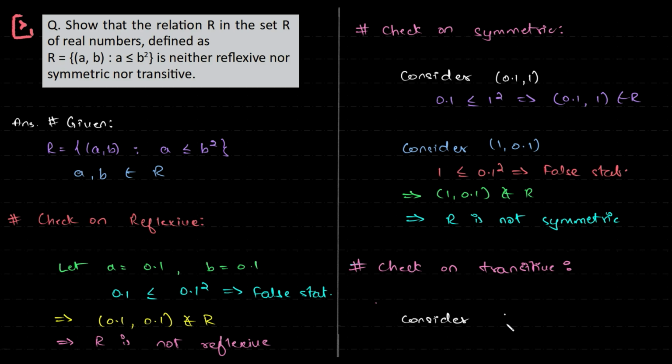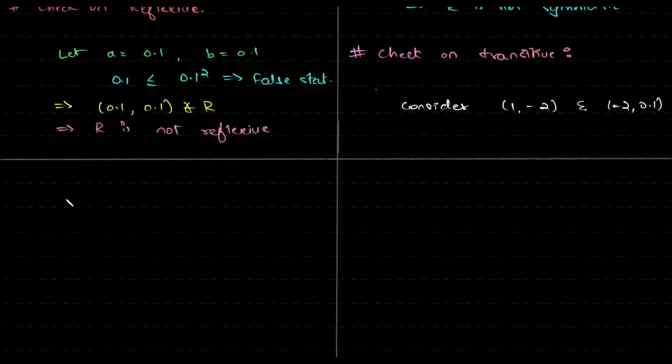Consider 1 and -2, and -2 and 0.1. So clearly 1 is less than or equal to (-2) squared, right? And -2 is less than or equal to 0.1 squared, because any negative number is smaller than any kind of positive number. So all these are true statements.